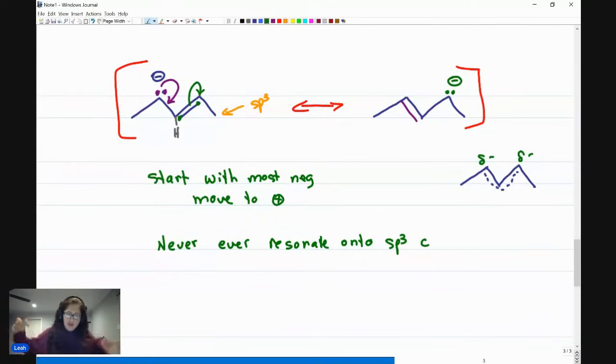So we have the charge distributed where it's going so fast, it is resonating so fast between the 2 that we have the in-between. And this is called the resonance hybrid because it's a hybrid of the structures that we drew. Let's try one more.